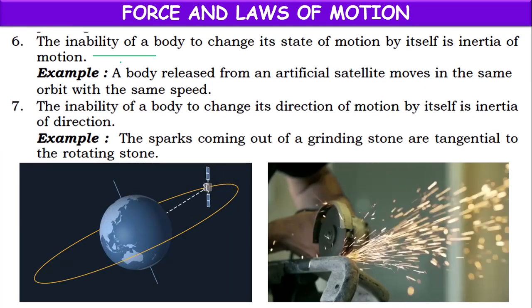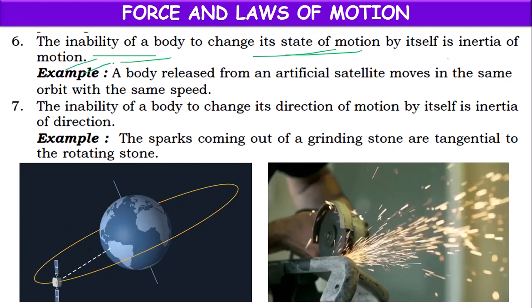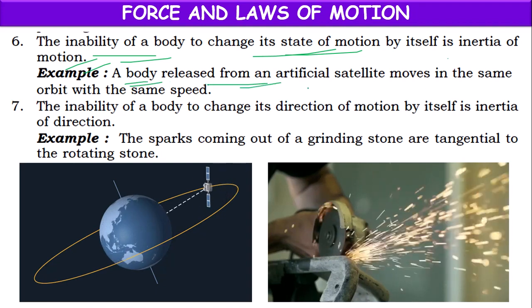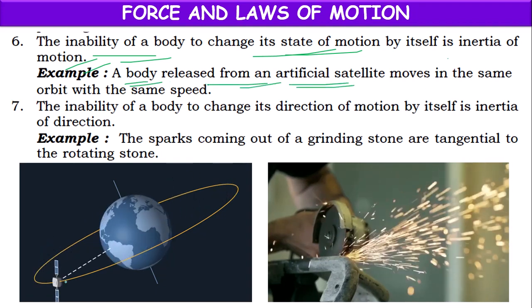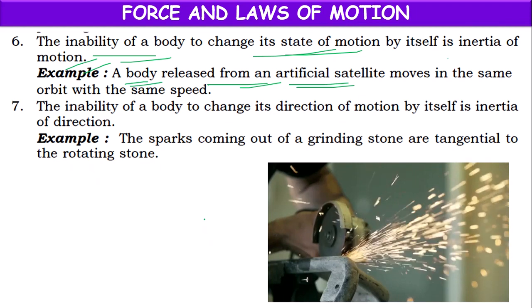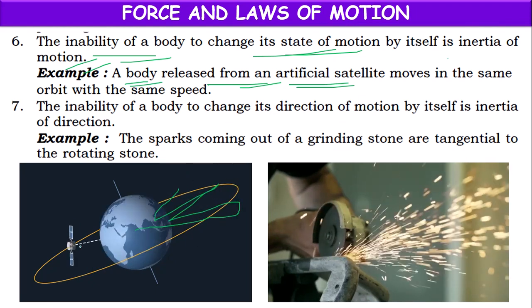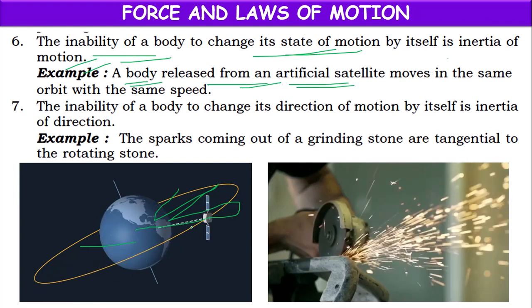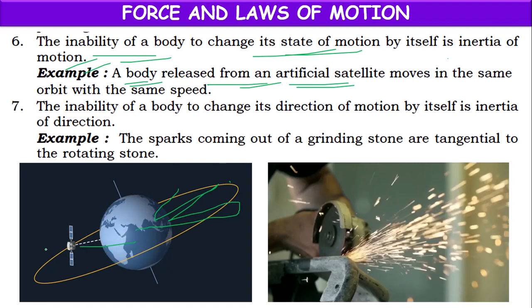The inability of a body to change its state of motion is called inertia of motion. Suppose a body is released from an artificial satellite. Suppose this satellite is connected to the planet. So suddenly, if any body drops from the satellite, what will it do?